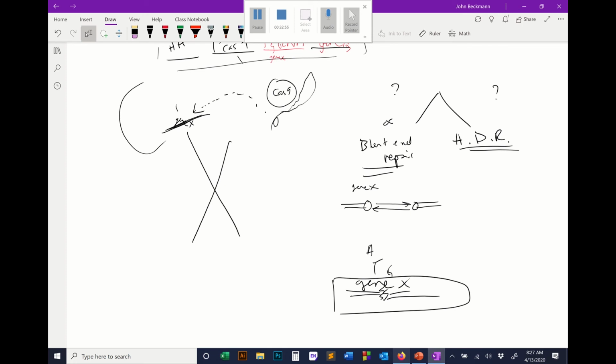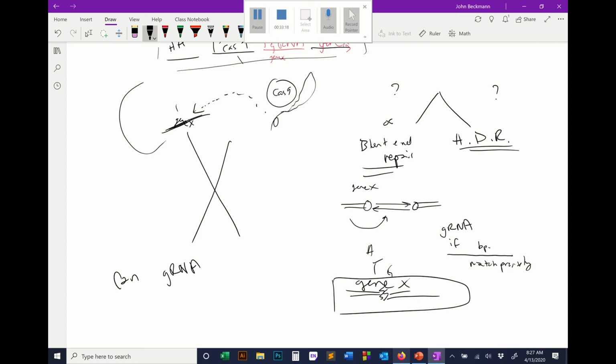Now let me ask a key crucial question. The guide RNA, which cuts at this site specifically, is only targeted to that region if the base pairs match precisely.